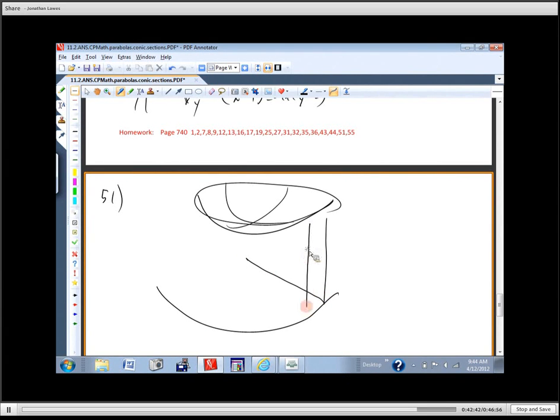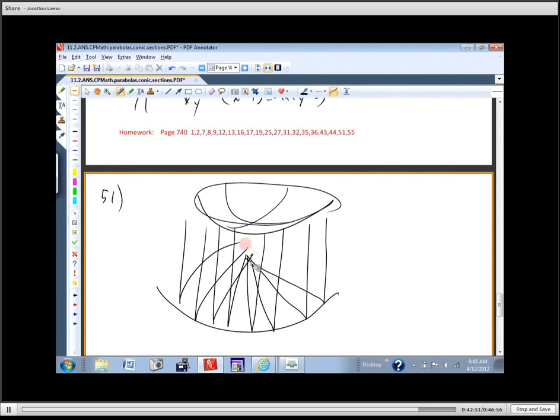These will hit here and bounce to this point. These will hit here and bounce like that. Guess where they all bounce to? Not the vertex. The focus. All of those beams are going to end up there, and that's where the receiver is. So that's why a parabolic mirror is so helpful.